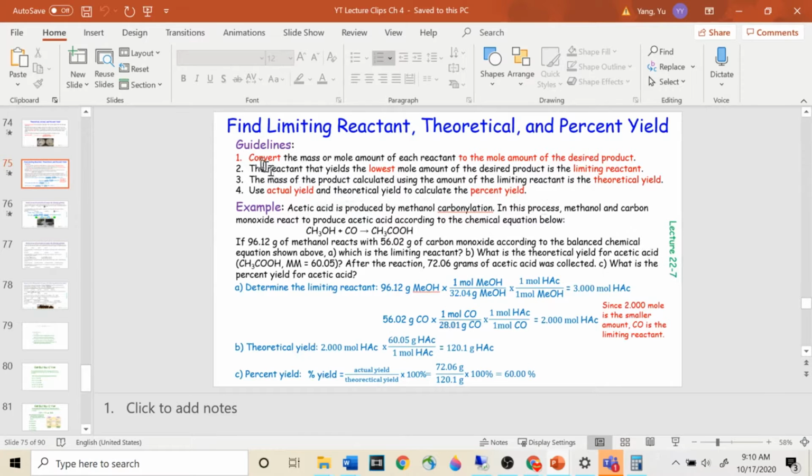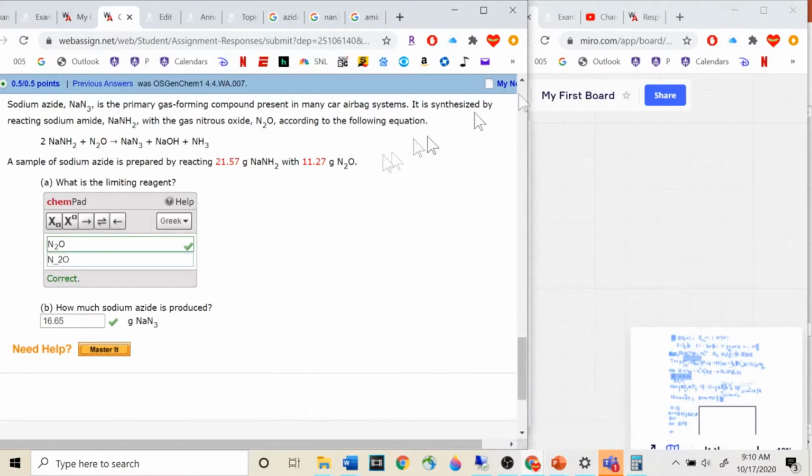Guideline number 1: we need to convert the mass or mole amount of each reactant to the mole amount of the desired product. Let's go back to our question, which means we need to convert those masses of reactants to the moles of the desired product.